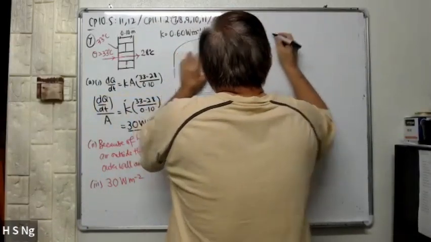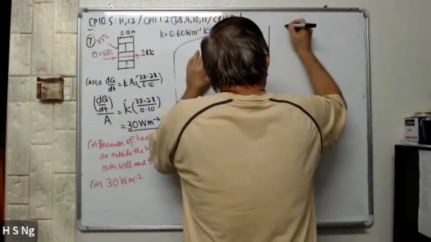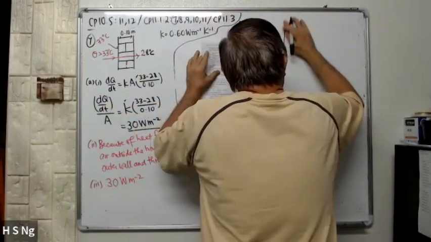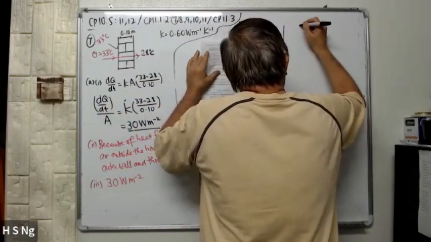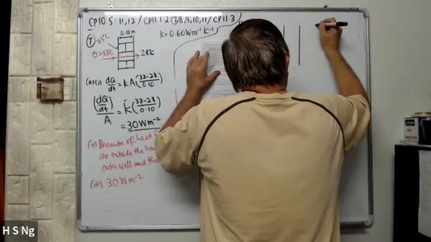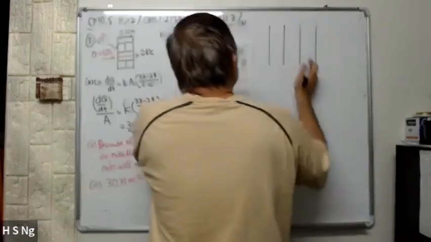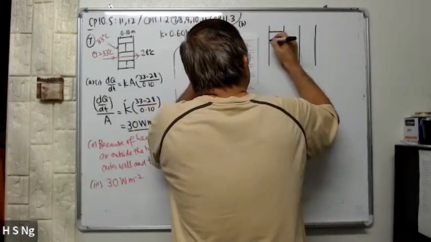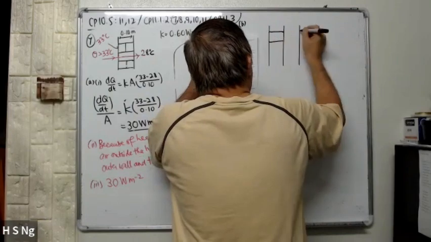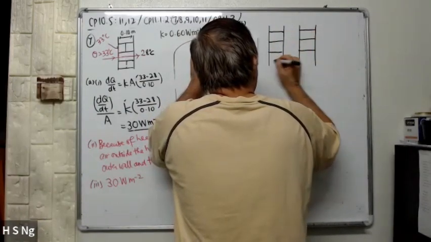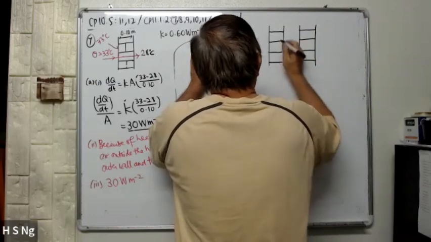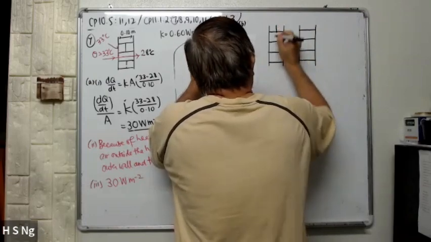Now this kind of wall, in Malaysia, we don't do this because it's expensive. Even in countries overseas, in those days, they would make this kind of wall because it's very good for insulation. But it's expensive. So nowadays also, I don't think they have this kind of wall.